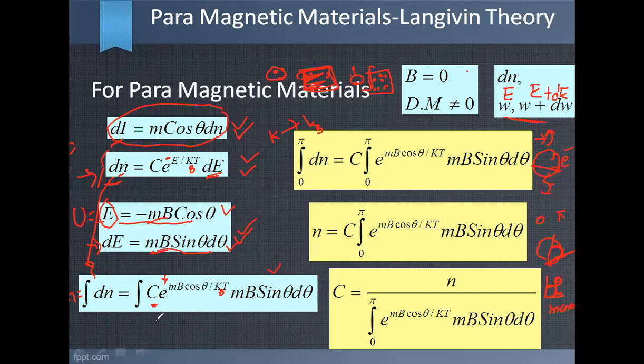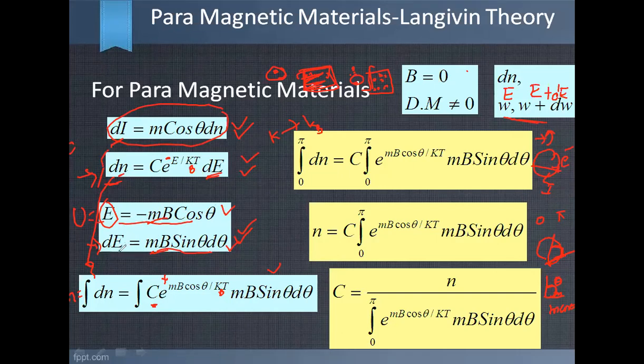Do you guys understand this? First, let me summarize the dn equation. You should remember m cos theta. Then dn is equal to this density, c e power minus E by kT, dE. We assumed E is equal to minus mB cos theta.